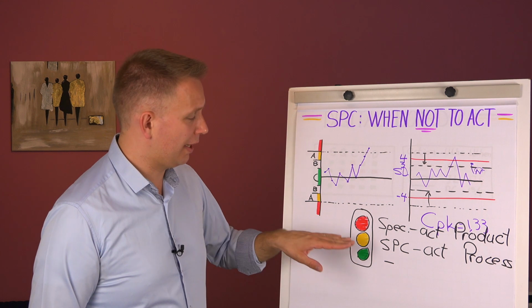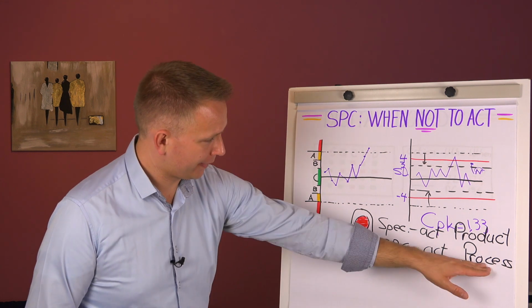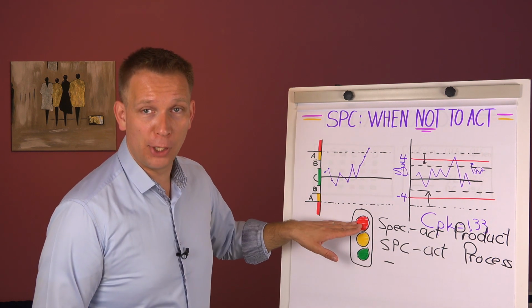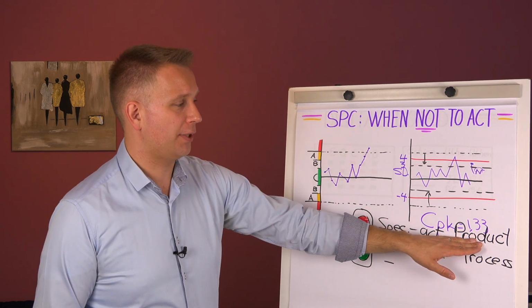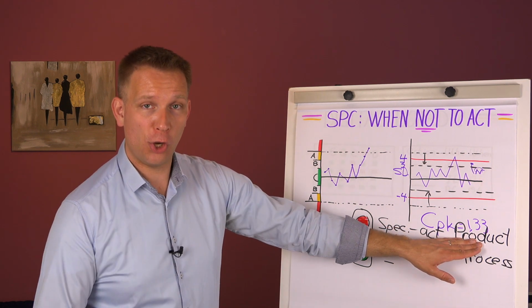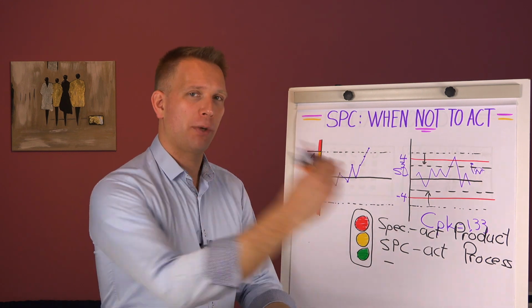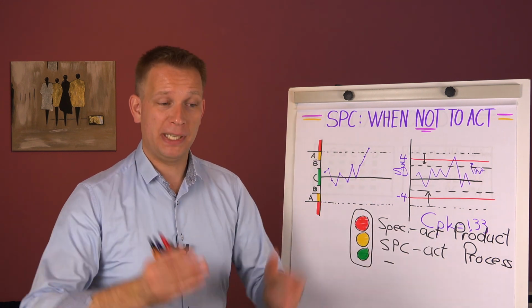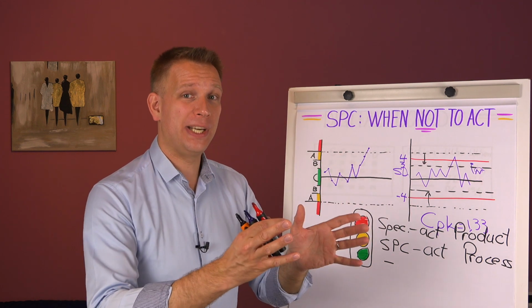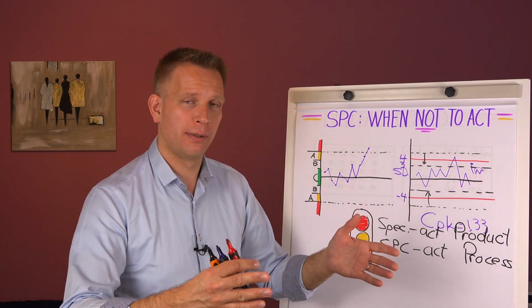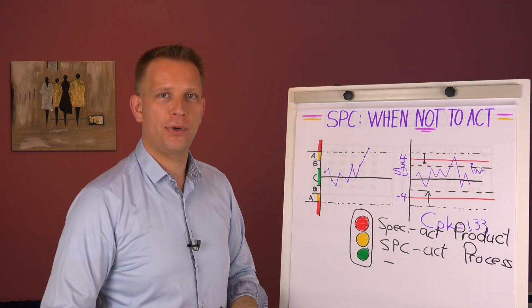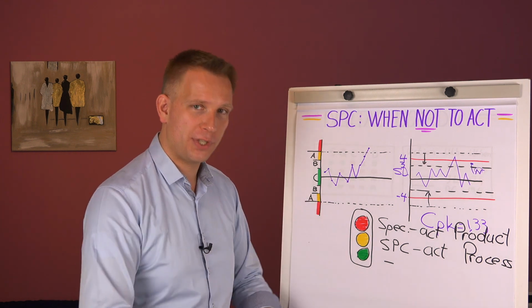Good, don't touch it. Action limit, act on the process. Blocking limit, act on the product. So that might really be a formal blocking. It might also be as simple as I have to communicate to the next department because they need to sort of reset, retool, rework something to get that product further in the process.